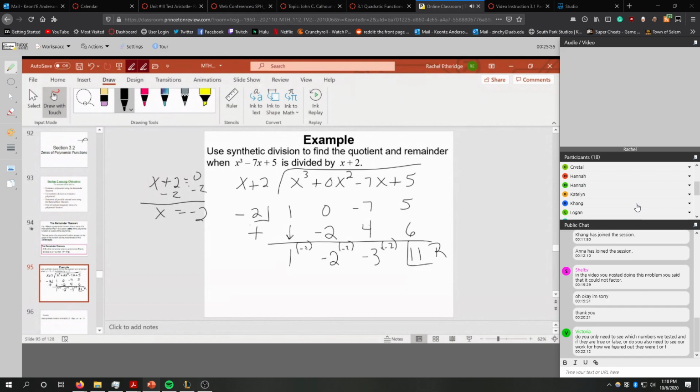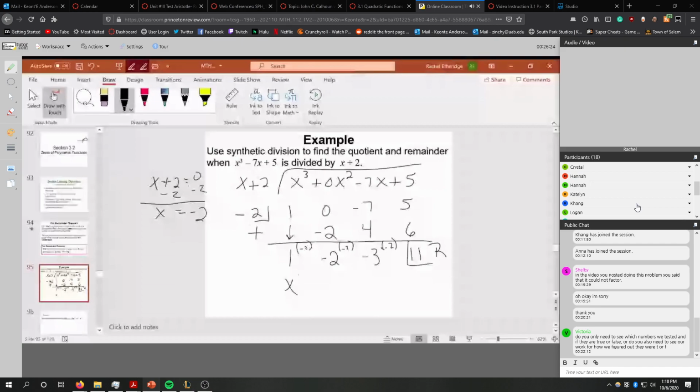So I'm going to show you what that remainder theorem means too in just a second. So what I've got now is I've got a quotient. These numbers here are my new coefficients for my depressed or compressed polynomial. So I have compressed this polynomial into a smaller one. So I started with degree 3. So I'm going to go down by 1.